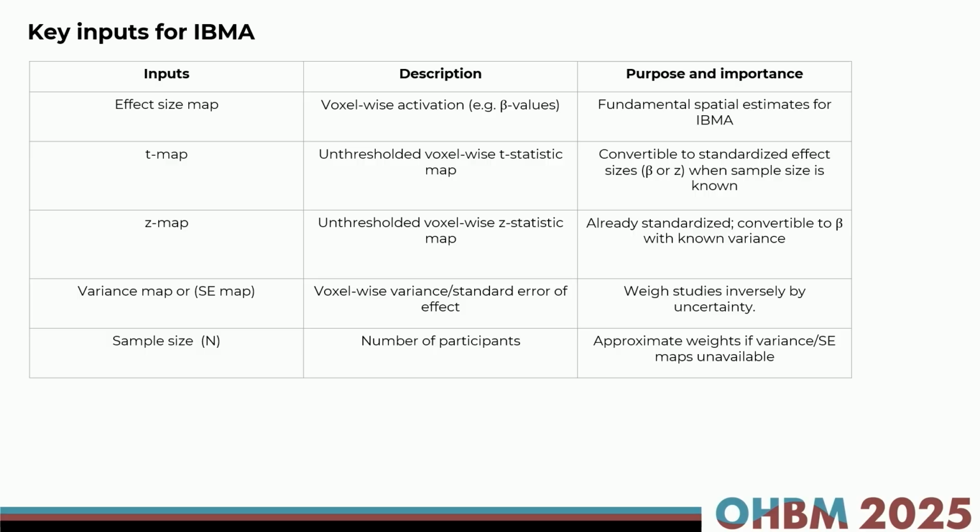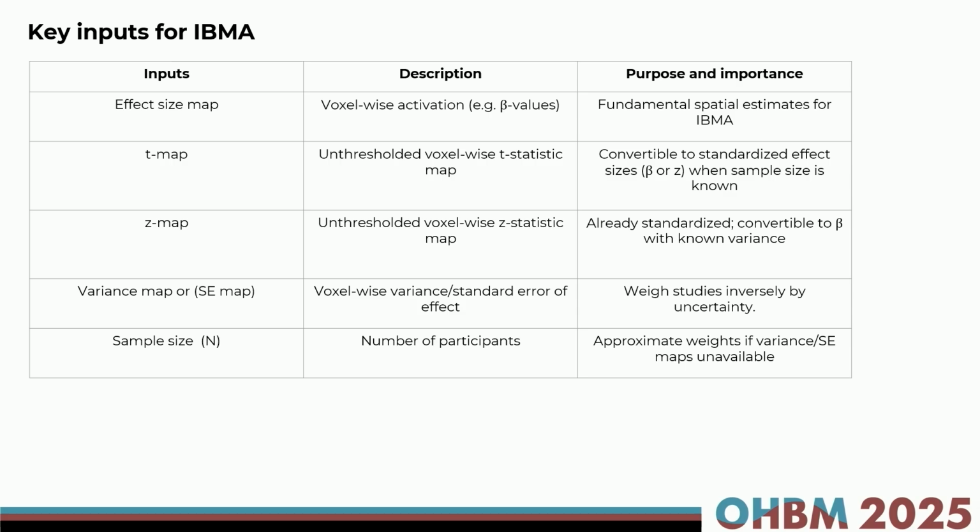When we know the sample size, we can easily convert it to a standardized effect size, like beta value or Z value. Similarly, we have the Z-maps, which represent the unthresholded voxel-wise Z statistical maps. It's already standardized, and when we know the variance, we can easily convert it to beta values.